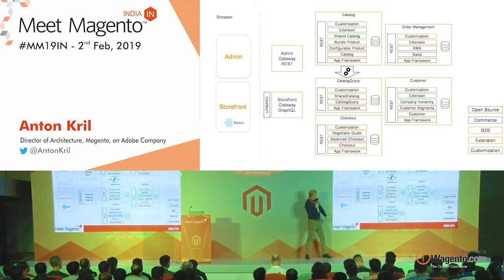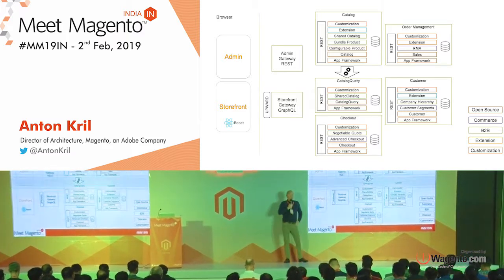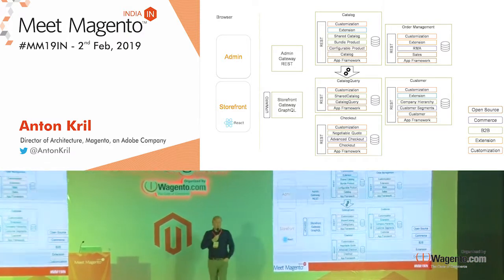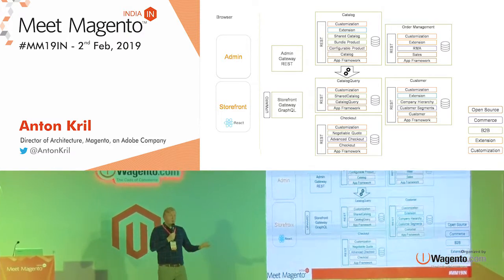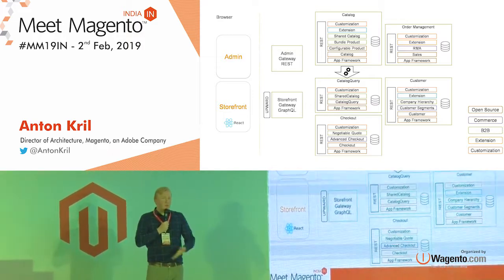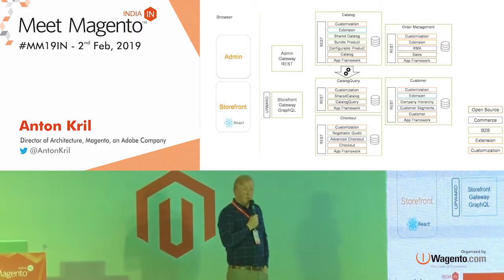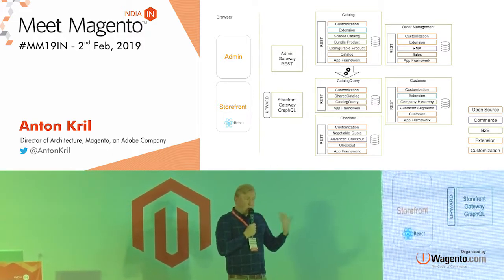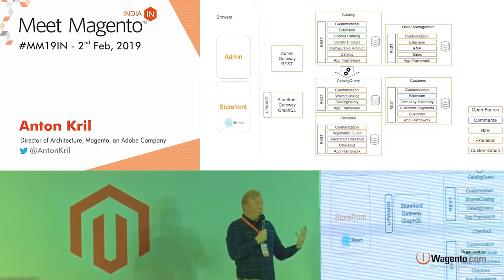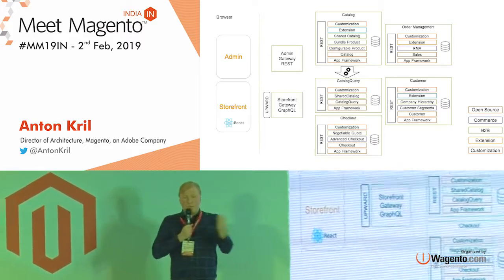Couple more interesting things on this diagram, at least one. The first interesting is that there is React here. So this is PWA Studio and Venia that we are working on, and we are releasing the first version of it with 2.3.1. So it will be first huge step to this decoupling, where we decouple backend from frontend.